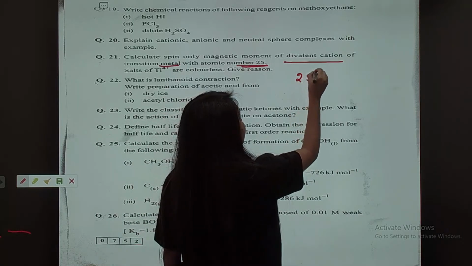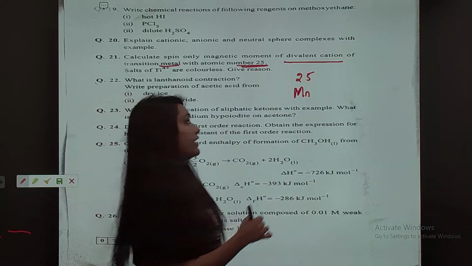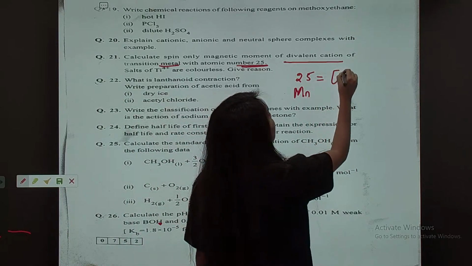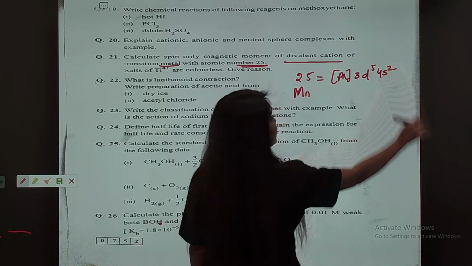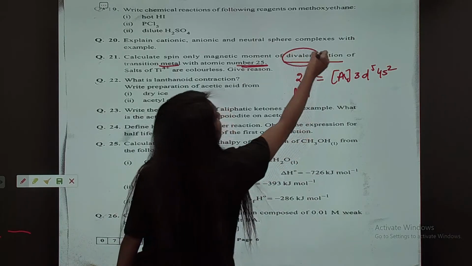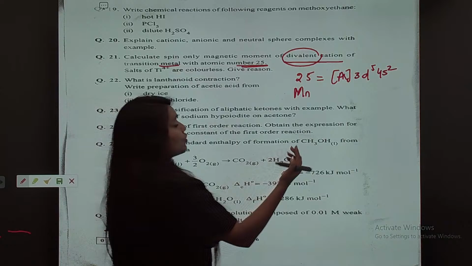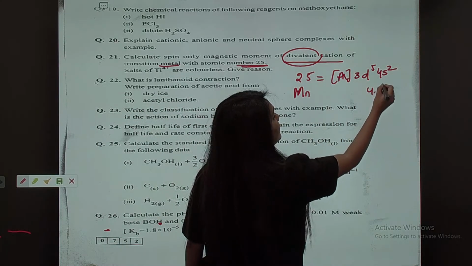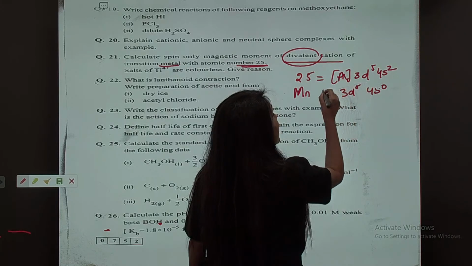When I say 25, we all know it is Mn. Now let us write the electronic configuration. The electronic configuration will be [Ar]3d5 4s2. The question clearly says divalent, which means 2 positive. It's a divalent cation. So remove 2 electrons. When you remove 2 electrons, this becomes 4s0, this becomes 3d5, and you have got Ar.